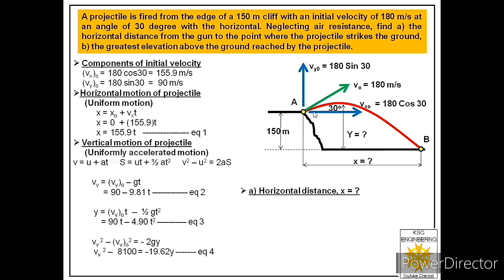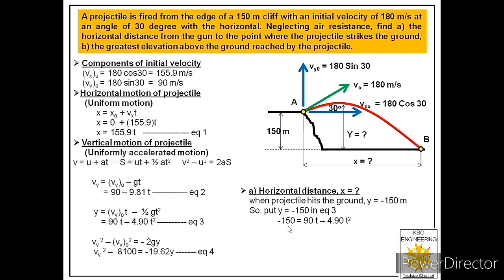We will say that from motion A to B, projectile covers minus 150 meter distance along y direction between point A and point B. So we will say when projectile hits the ground, y for the projectile will be minus 150 meters. So we will put value of y as minus 150 in equation number 3, and we will get this equation: minus 150 equal to 90t minus 4.90 t square.